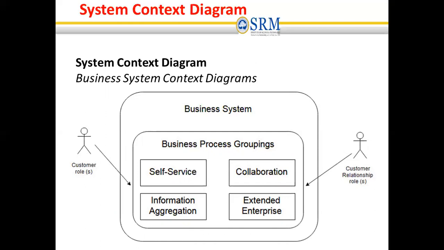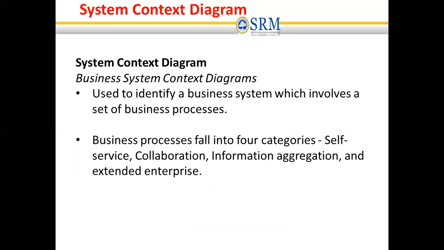In this diagram, these business processes fall into four categories: self service, collaboration, information aggregation, and extended enterprises. So, this figure is an example of a business system context diagram.